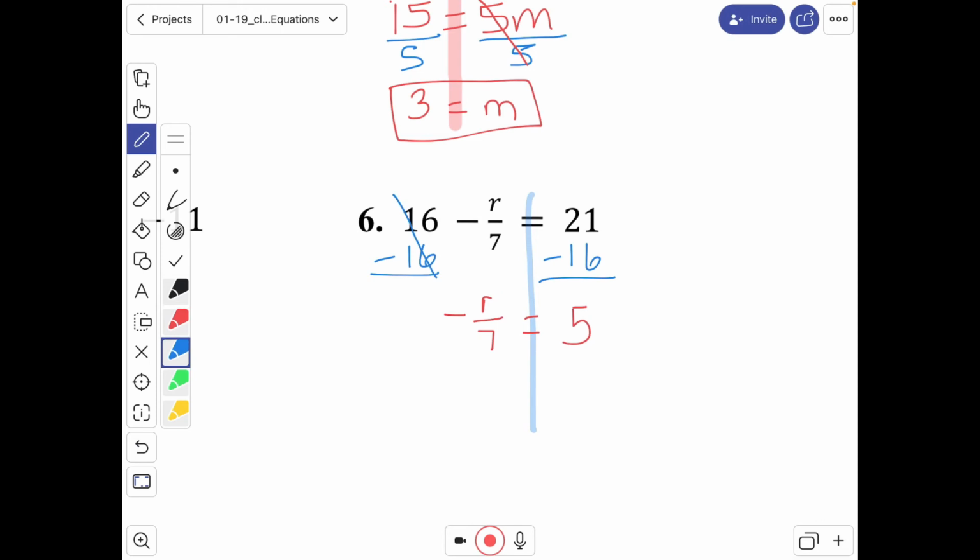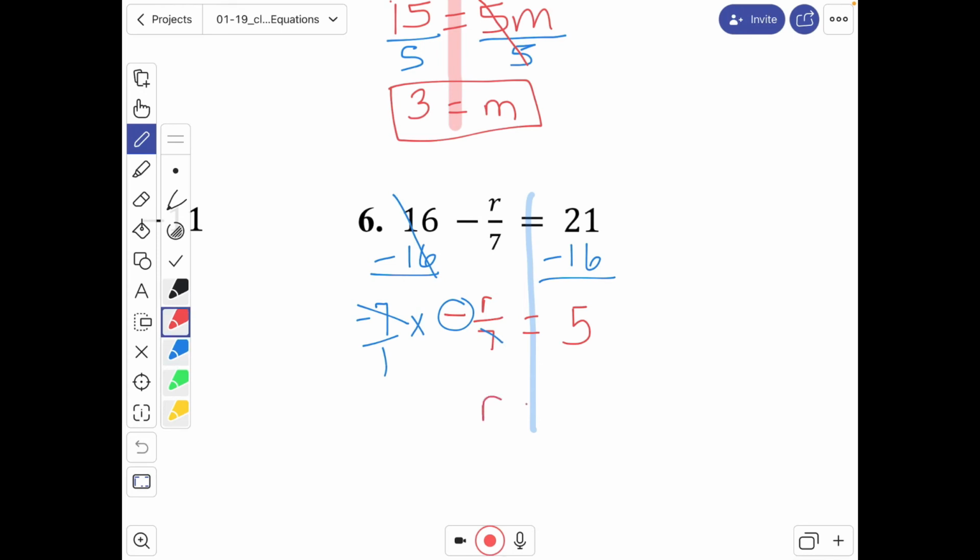Okay, now we want to get rid of that negative r divided by negative 7. That negative sign can go with either the r or the 7. It's just minus. So let's go ahead and get rid of that. The opposite of dividing by 7 would be multiplying by 7. And I want to get rid of this sign too, so I made it negative 7. And negative 7 divided by negative 7, those would cancel.